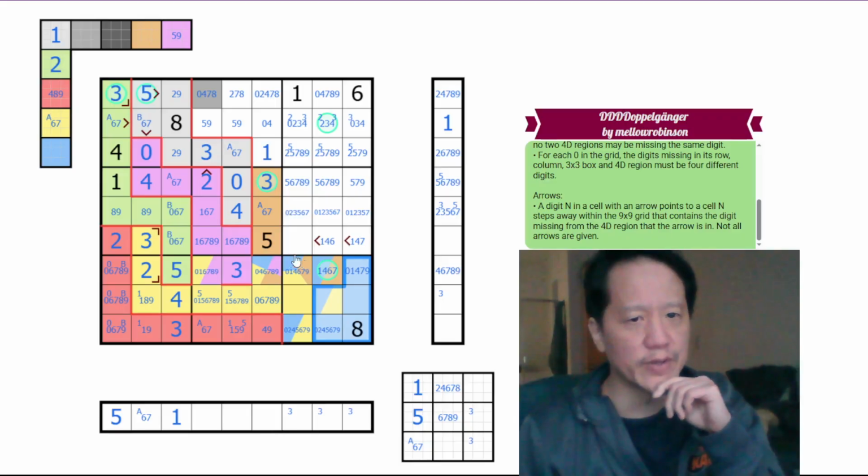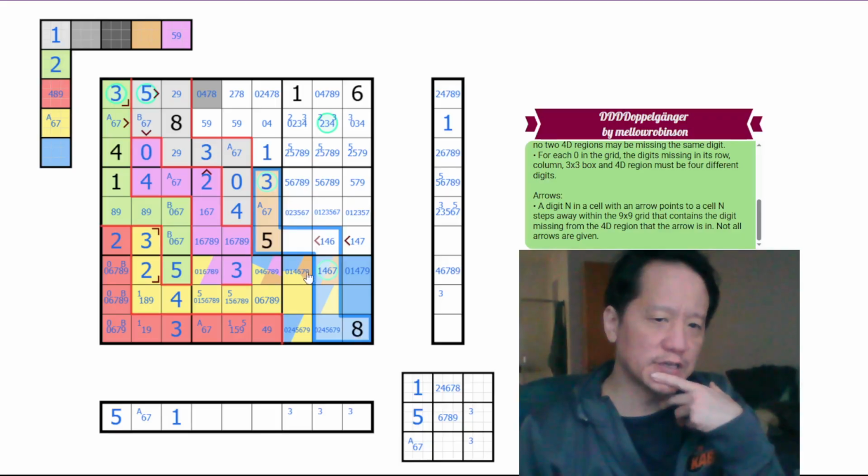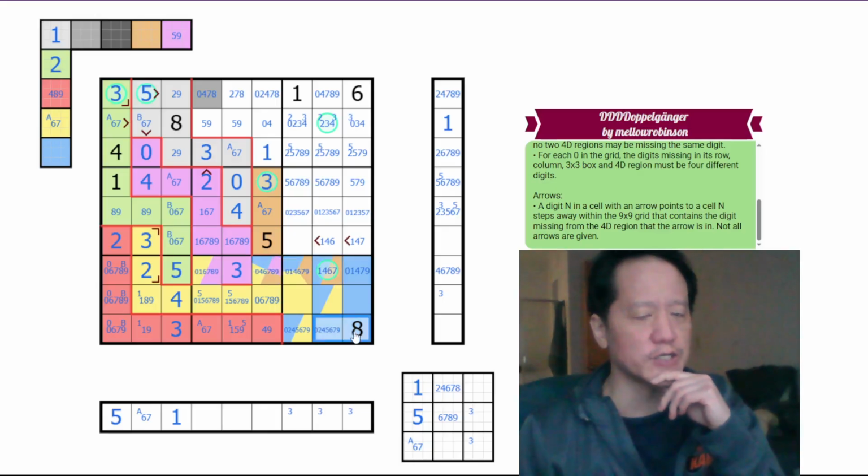Oh, it cannot be 1, 2, 3, 4, 5, 6, 7, 8, 9. Can't reach. This would be 5. This would have to have 5 to match the number of cells. I guess it could be 1, 2, 3, 4, 5, 6, 7, 8, 9. But then that's too many cells that are part of this region. So I don't think orange can get to here.